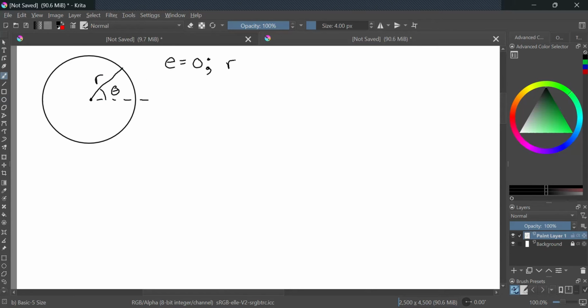So when you plug that into your orbit equation, p over 1 plus e cosine of theta, well, if e is 0, then that goes away, and the radius becomes p. And the proof of this shall be left as an exercise for the viewer.